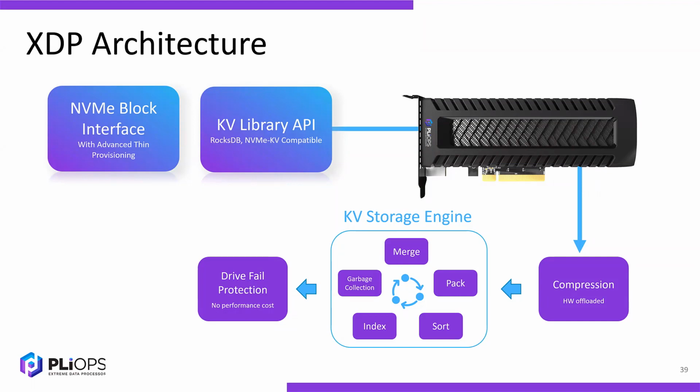And at that point, if you're writing locally to the NVMe SSD very, very efficiently, then adding data protection bits, whether it's RAID 5 or RAID 6 or encryption bits, it's very easy.